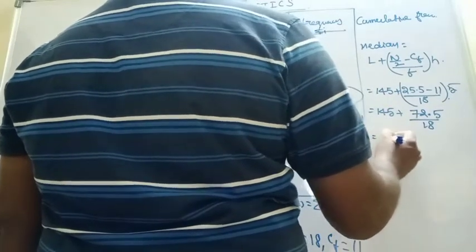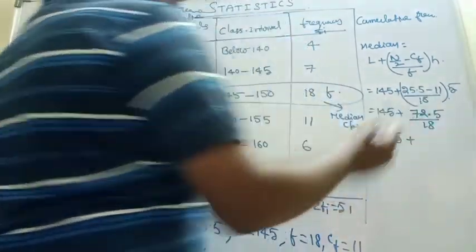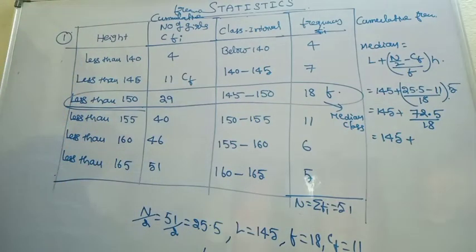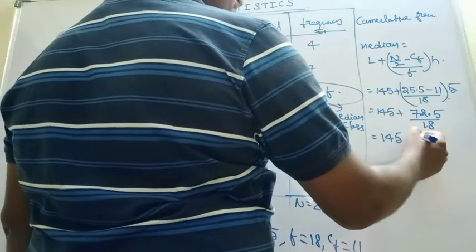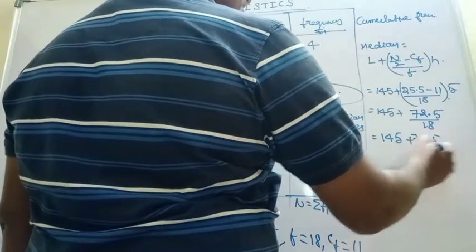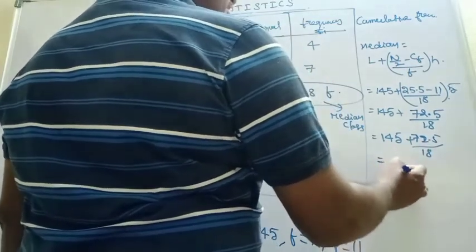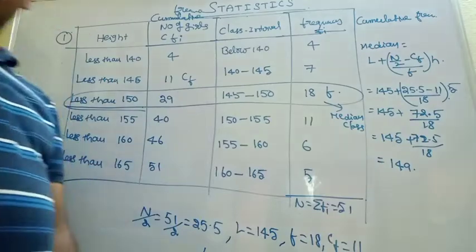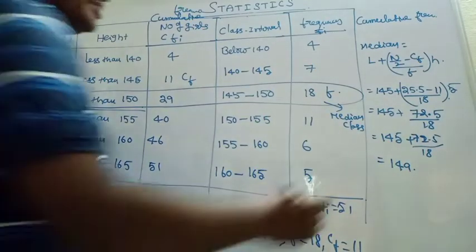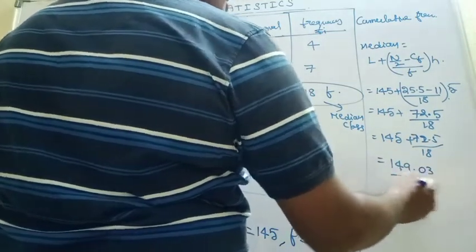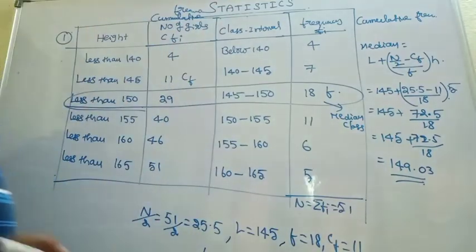Now this is 145 plus 72.5 by 18. If you calculate, my dear students, 72.5 by 18, the total value you are going to get is 149.03. Therefore the median is nothing but 149.03. Like this you will do.